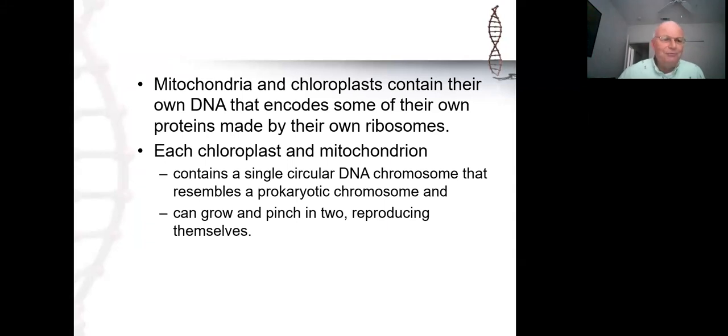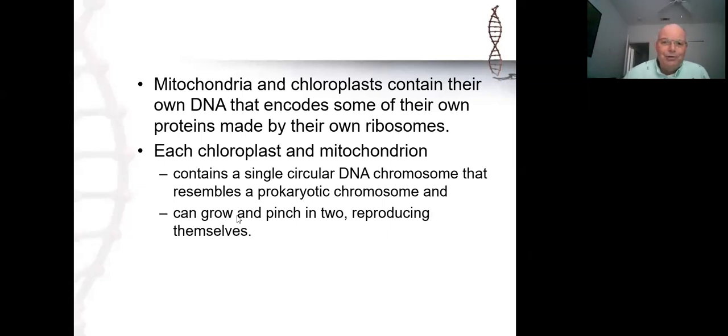So it must have been very early on in the evolution of a eukaryotic cell that the aerobic bacterium that would become the mitochondria got captured. At a later point in time, a cyanobacterium was captured by a eukaryotic cell that already had a mitochondrion, and that would eventually become the chloroplast. And remember, only plant cells have chloroplasts. All eukaryotic cells have mitochondria, so it must have occurred in that order.